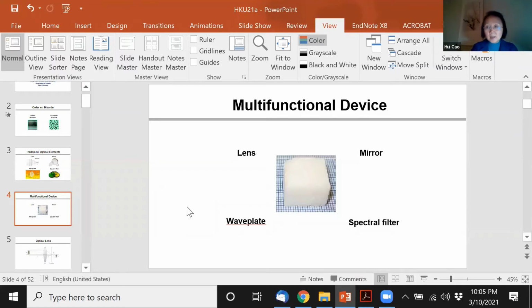I think there was a paper by Claudio Conti published in PRL, at least 8 years ago, maybe. Indeed, you can use that to make a random laser. And people also try to use that for detecting motion.